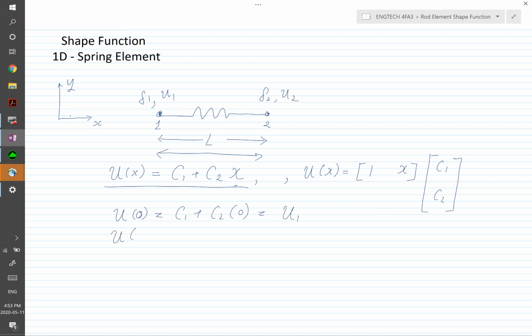Same thing, when x is at the end, when x is L, we know it will be U2. Since we love matrices so much, we apply everything in matrix form.